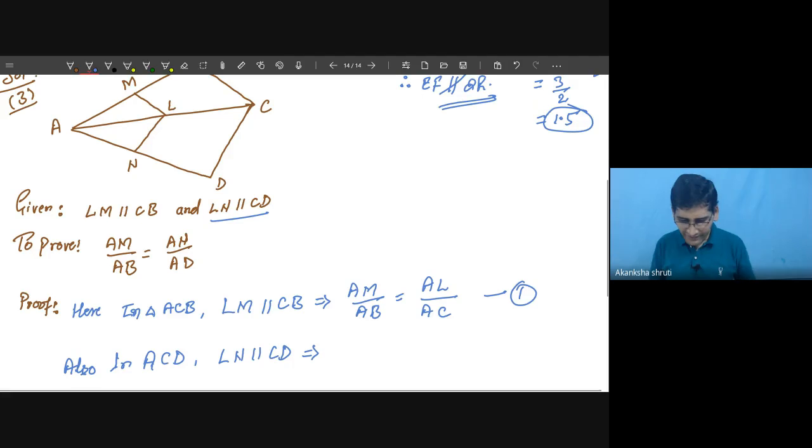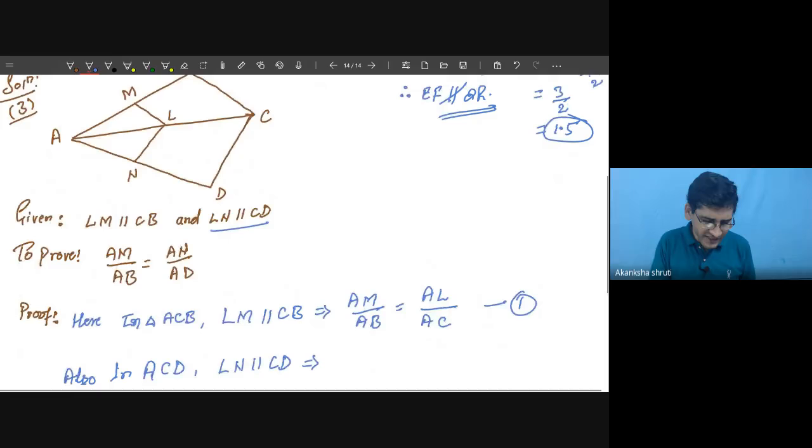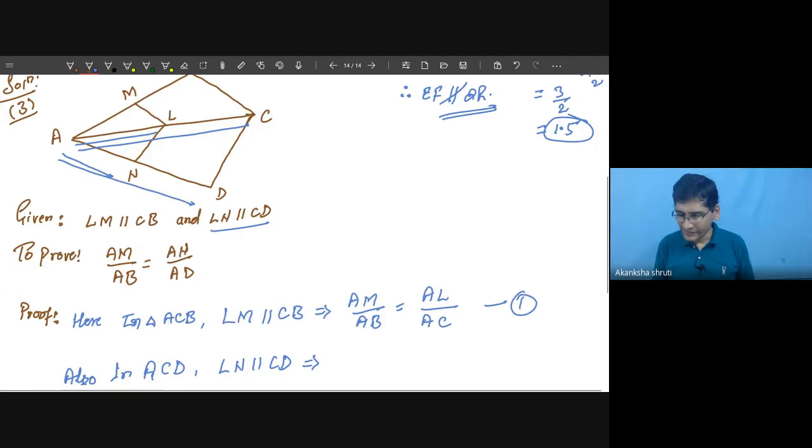So there we have written AM by AB is equal to AL by AC. So here we can take this AL by AC same as AN by AD. This way AL by AC will act as the intermediary, and that can be removed by equating the two equations.